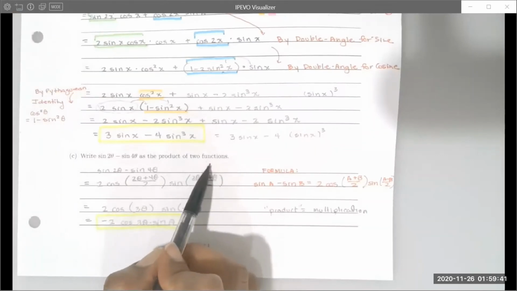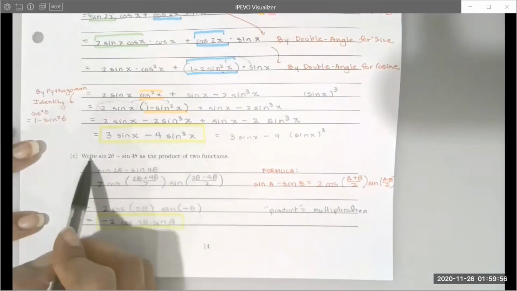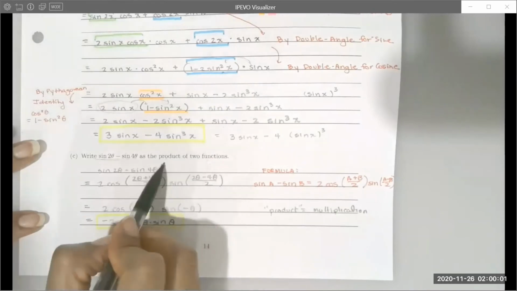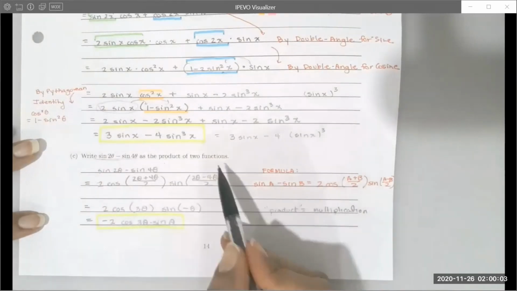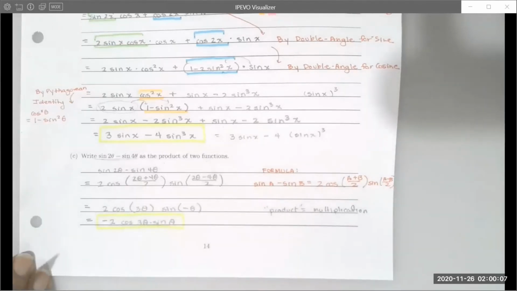And when they say two functions, since we're talking about the trigonometric functions, that's what they mean. It could be either sine cosine or tangent cotangent or something like that. But in this case, it turns out to be cosine and sine, simply because of what's given to us. But when they say product, it means multiplication of two functions. Okay, thank you.